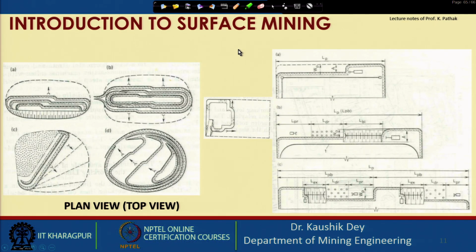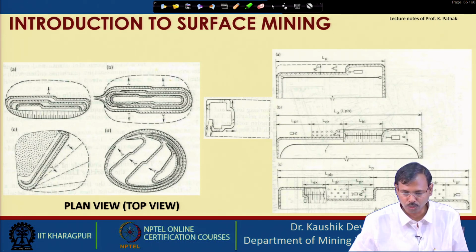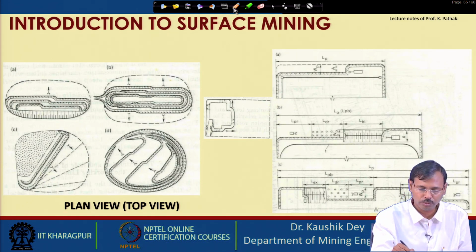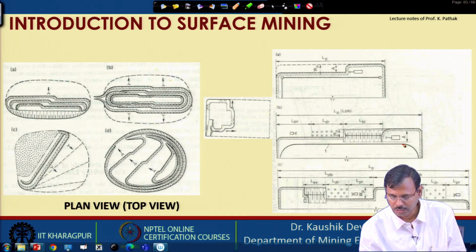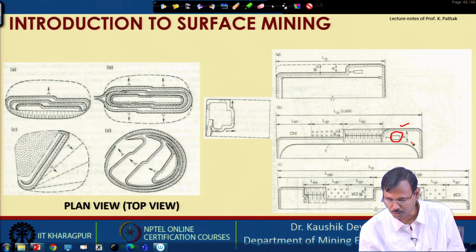Now, this layout is showing us how the different machines are operating. We will discuss this layout when these machines are shown. Say suppose you are considering this one, you can see one machine is operating here, and this is the upper elevation, this is the lower elevation.